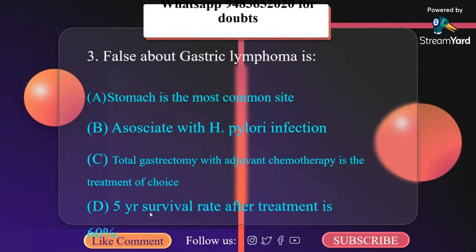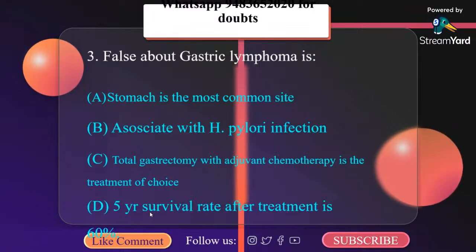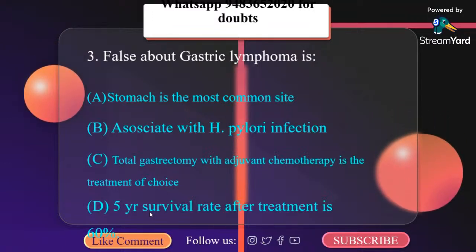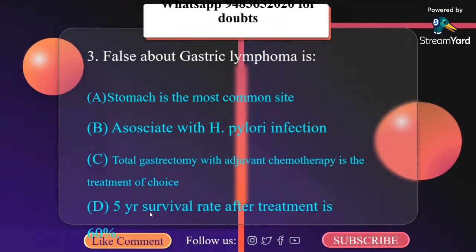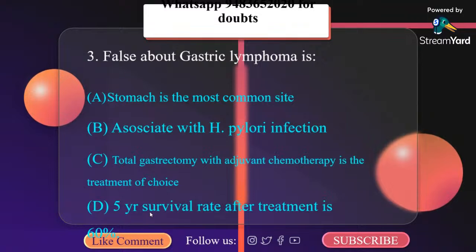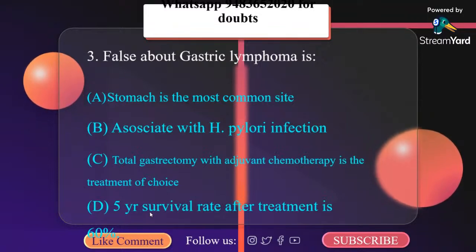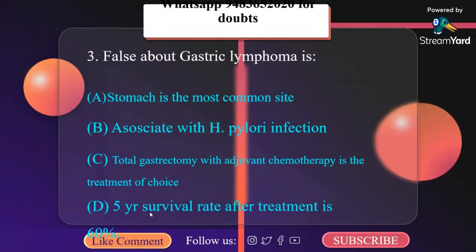These low grade lymphomas may later on degenerate to high grade lymphoma. Immunodeficiency and H. pylori infection are the risk factors for B cell lymphoma. Most common site of involvement, like that of adenocarcinoma, is gastric antrum.